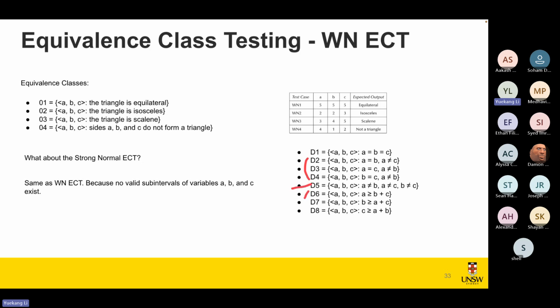If we want it to be not a triangle, we can take this one here. Although we have these sub-scenarios, we don't really have any sub-intervals for these different cases. So we can consider strong normal the same as weak normal in this example.